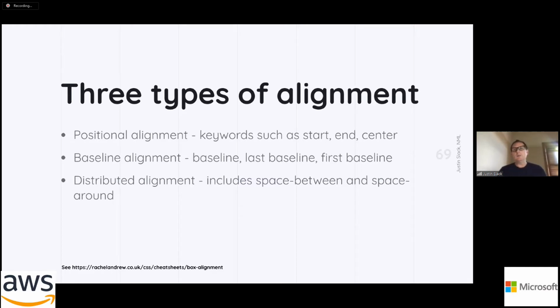And then there's distributed alignment, which gives us space-between, space-around, space-evenly, and so on. And those all work with align-items, align-content, justify-content, and justify-items. I'm not going to go into all of these. There are a lot of them. Rachel Andrew, I've put a link there, has a really excellent write-up on all of these alignment properties.